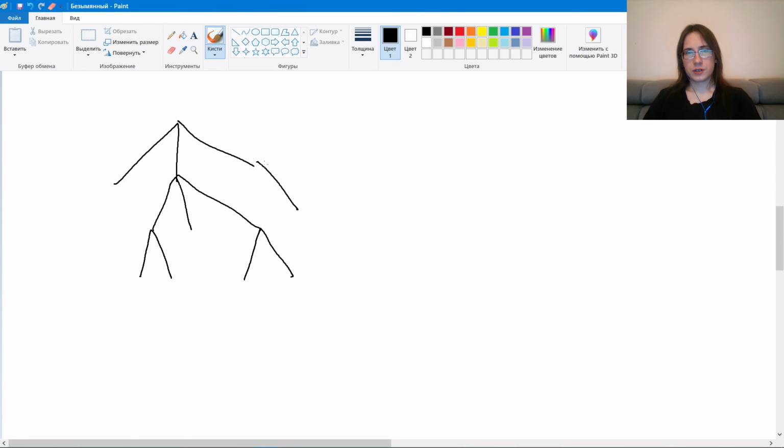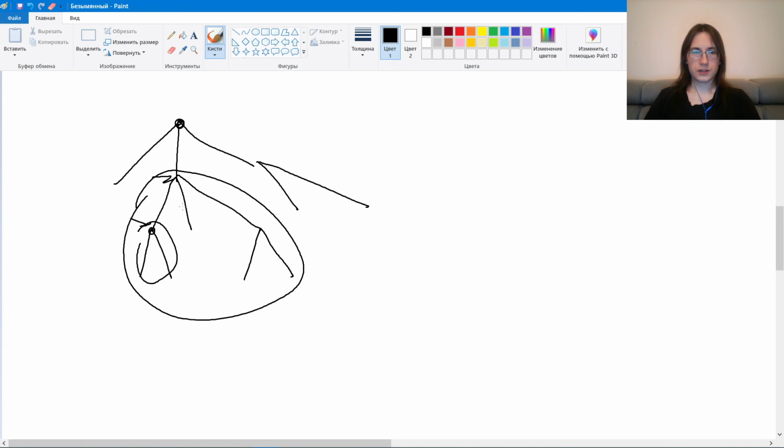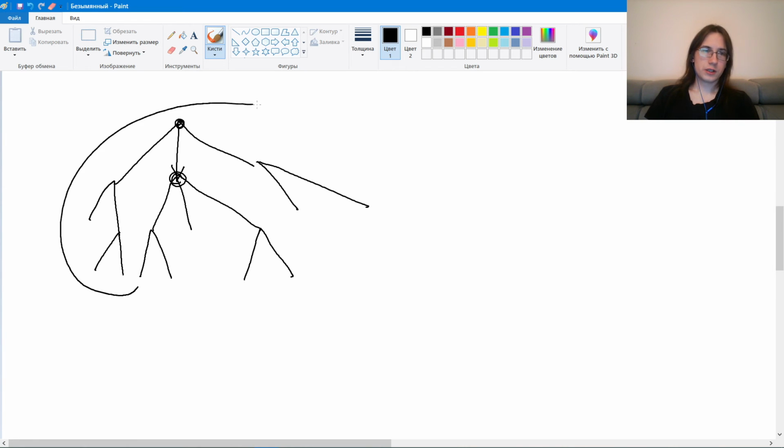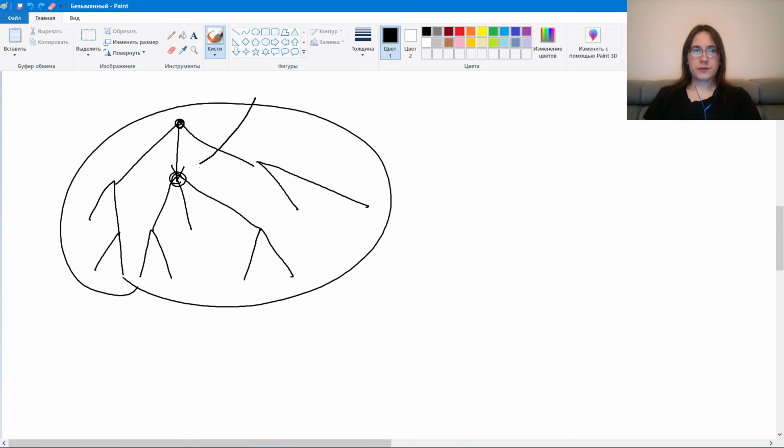And by subtree, I mean if we hang the tree by some vertex, this is the subtree of this vertex, for example. This is the subtree of this vertex, and so on. So first of all, I calculate some information only about a subtree. And then on the second stage, when I start the rehanding, I now calculate the information about the whole tree, but if this vertex is the root.